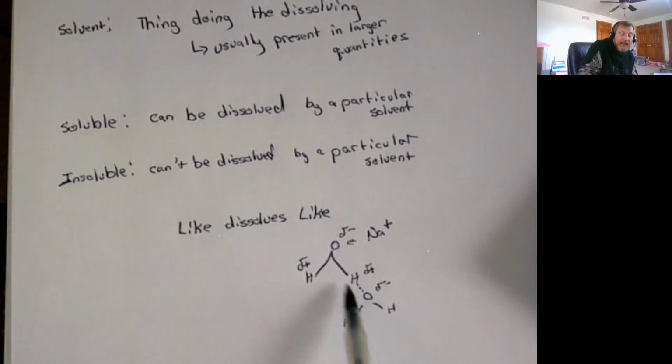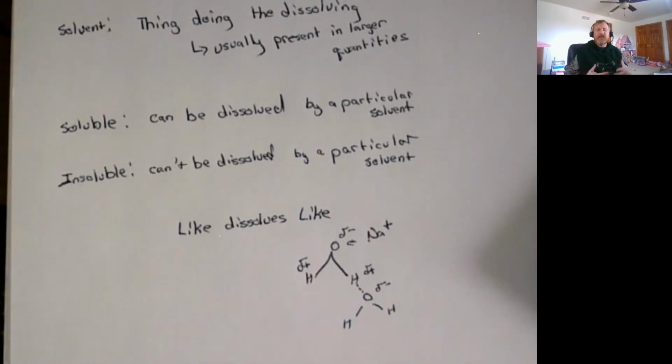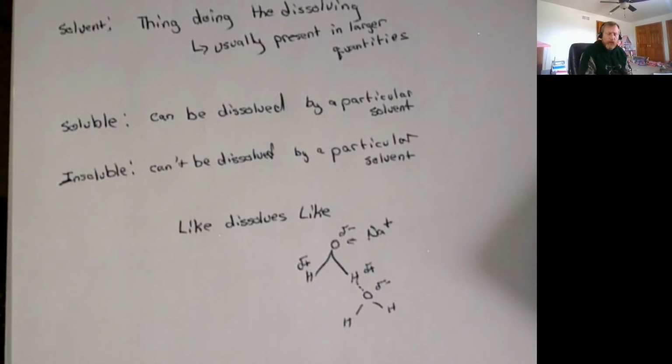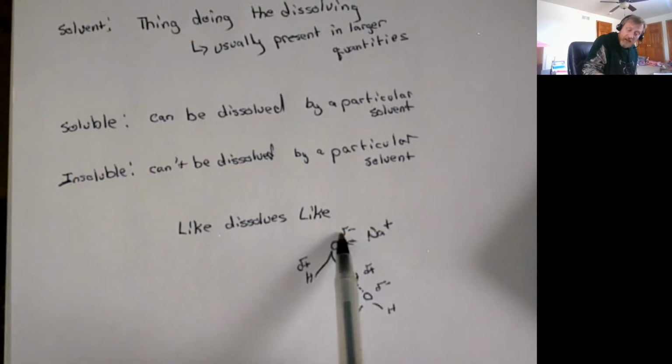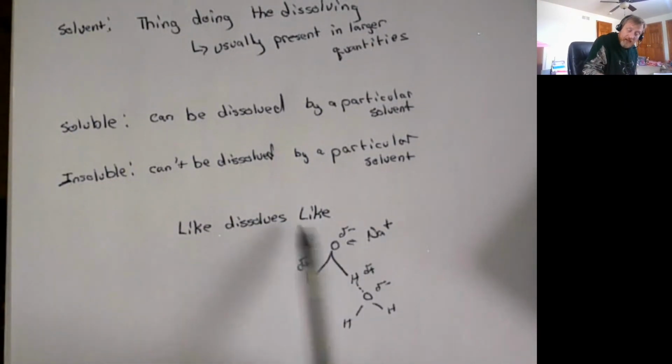It's hydrogen bonding, because it's this kind of strong dipole-dipole interaction. Again, that's with oxygen, nitrogen, or fluorine combined with hydrogen making those kinds of bonds. But this explains why like can dissolve like.